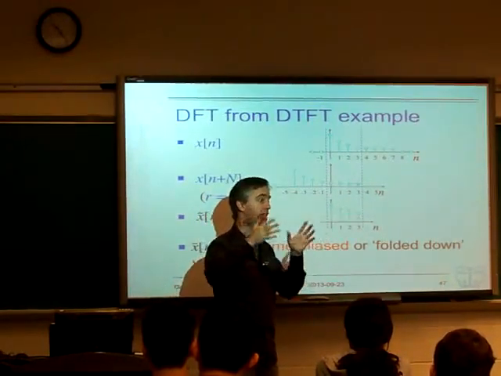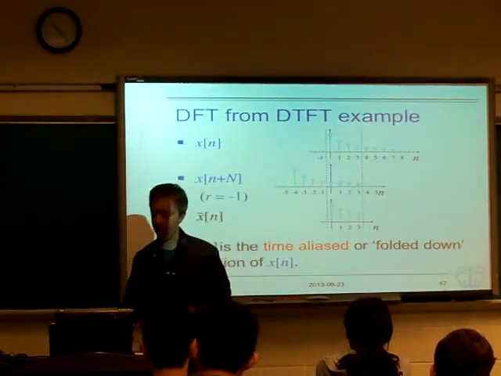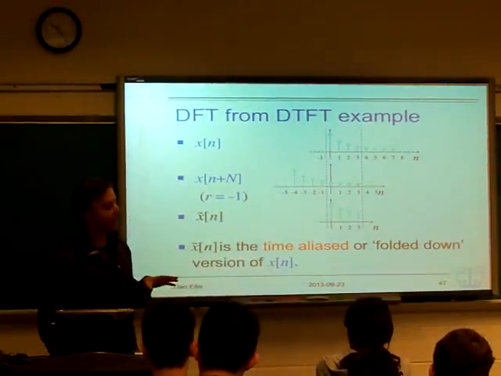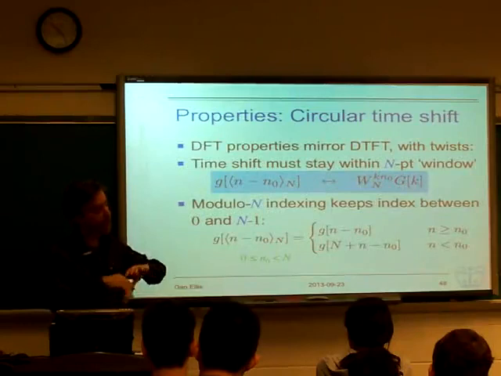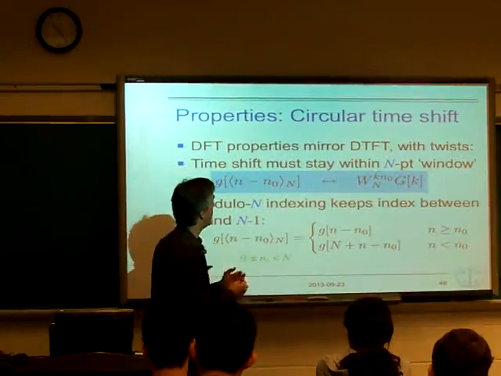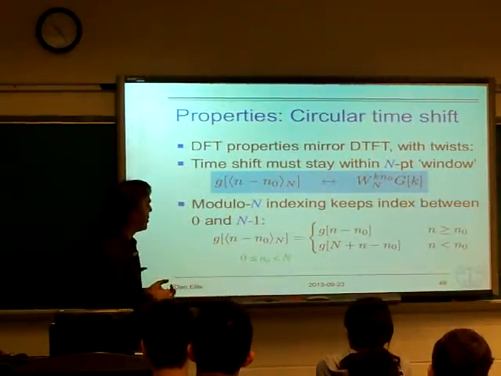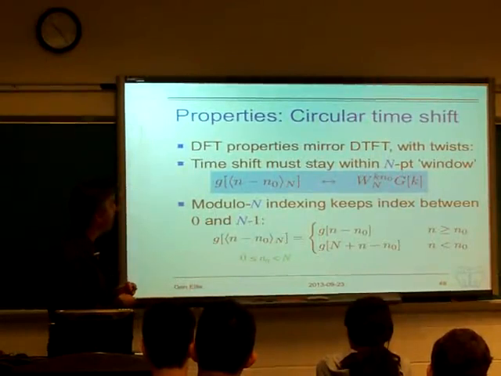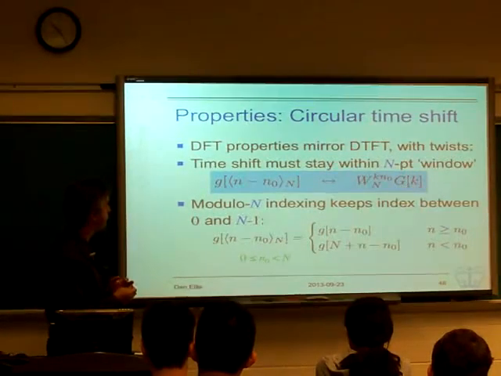So it's this finite length sequence that repeats indefinitely. That time axis has properties as if it was a circular time axis. So let's try and get at that by looking at what happens with time shift.